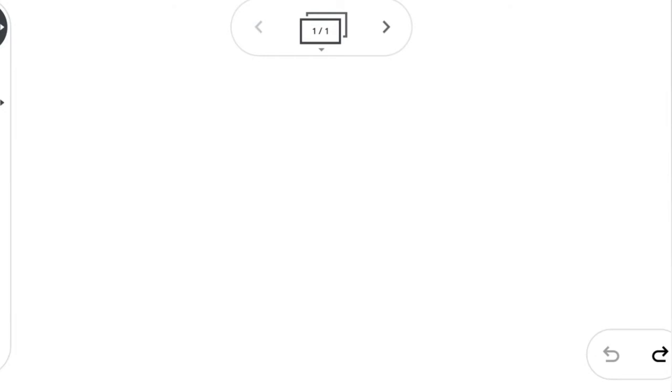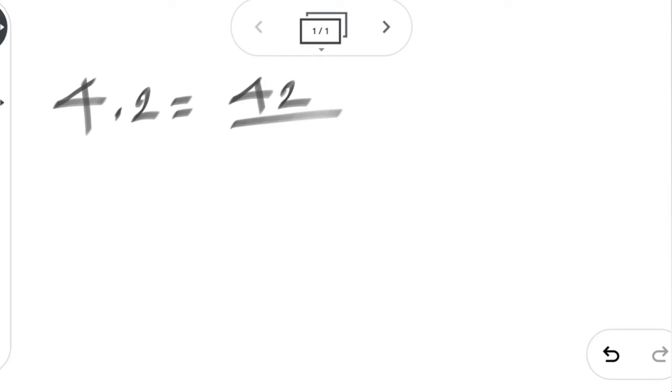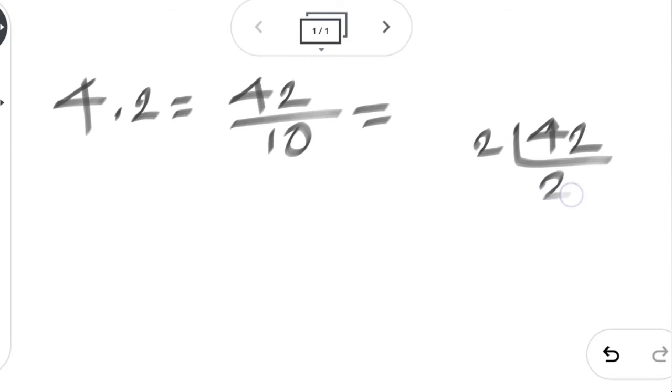Now consider a decimal number whose decimal expansion terminates. For example, 4.2. 4.2 we can write as 42 by 10. Now factorize 42 and 10. 42 divided by 2 equals 21, 21 divided by 3 equals 7.